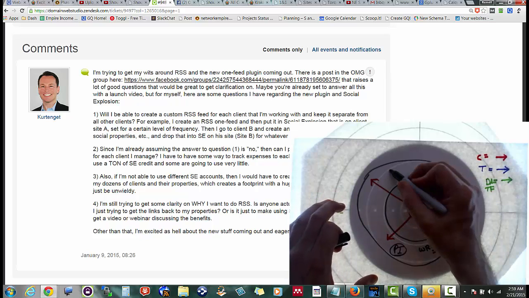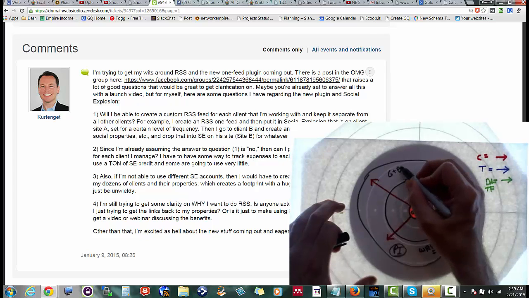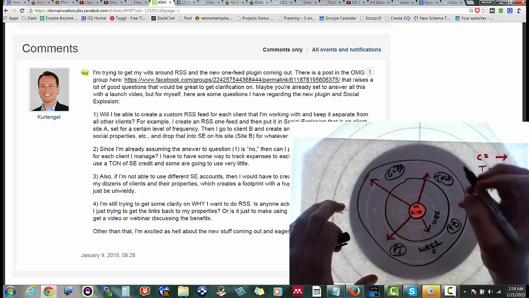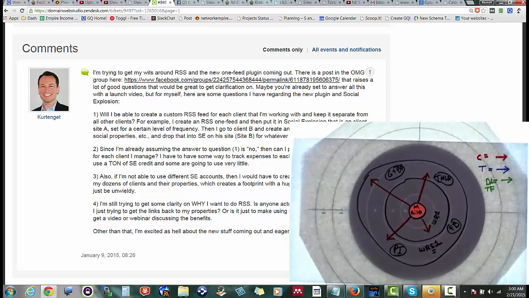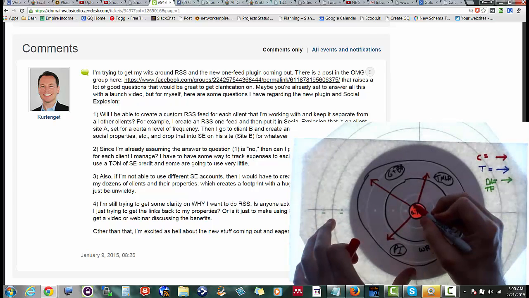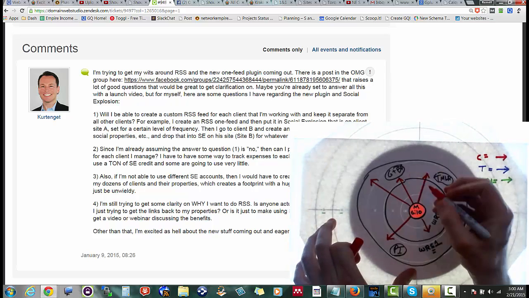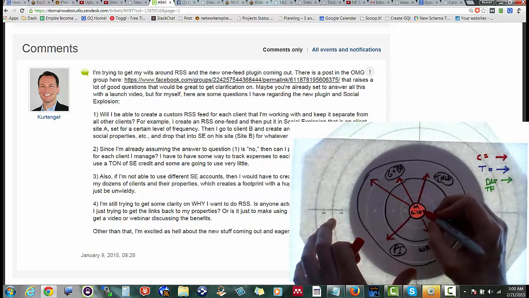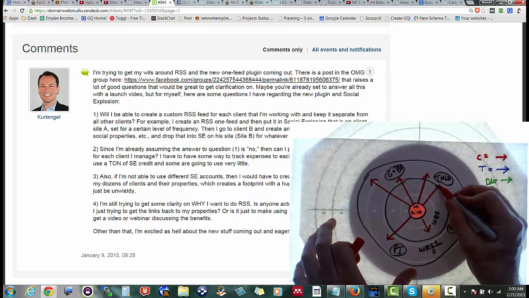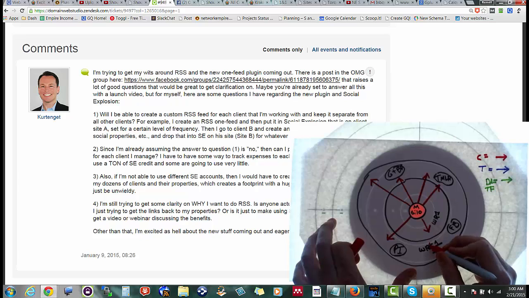It might be Google+, BizPage. My point here is that the red arrow is your content. You write a blog post, that blog post flows to your WR, your social network.